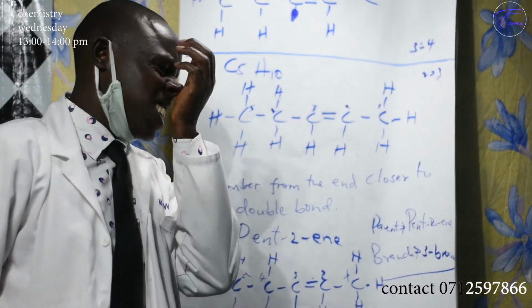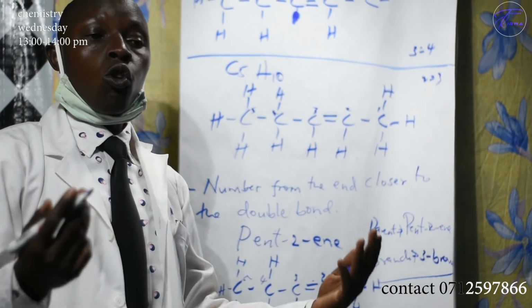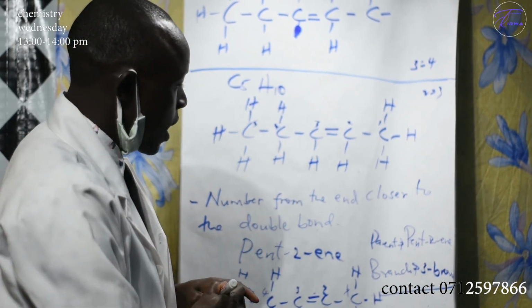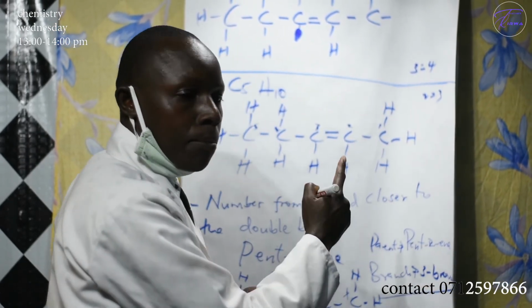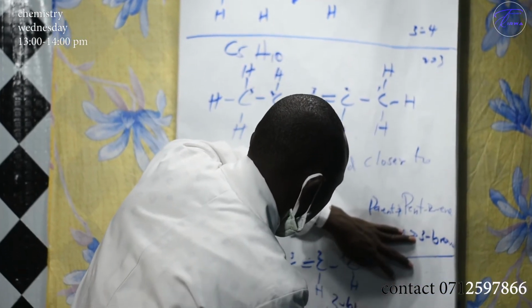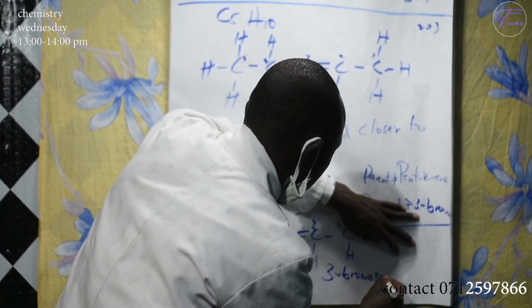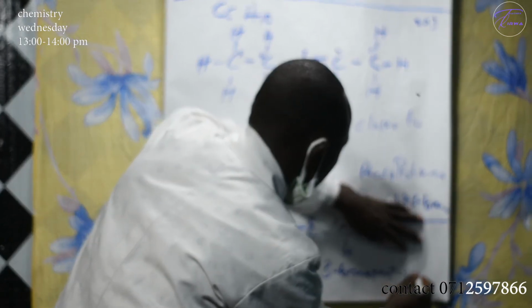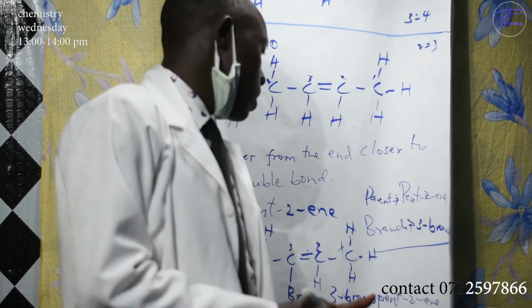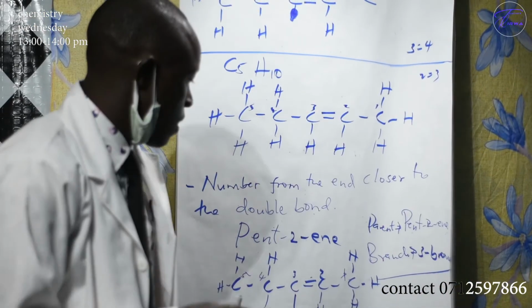We say the halogens: bromo, chloro, iodo, fluoro. So the whole name now becomes 3-bromopent-2-ene.